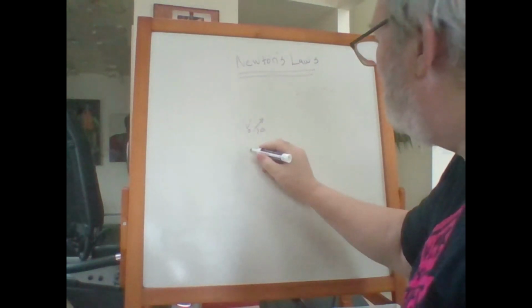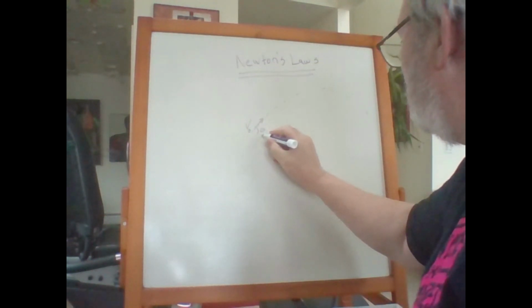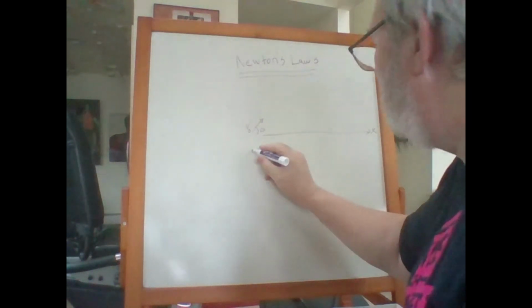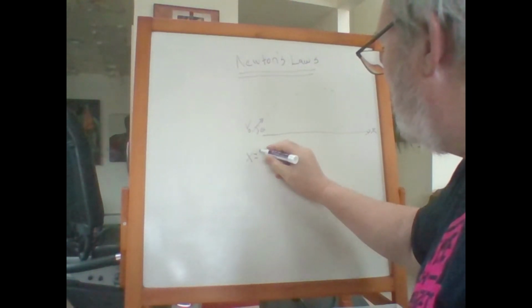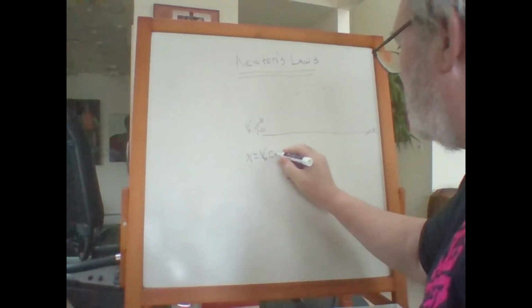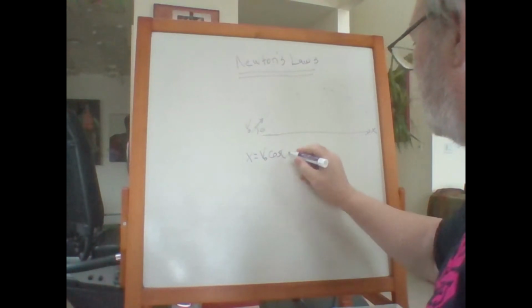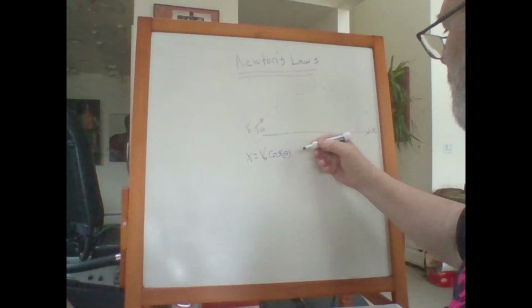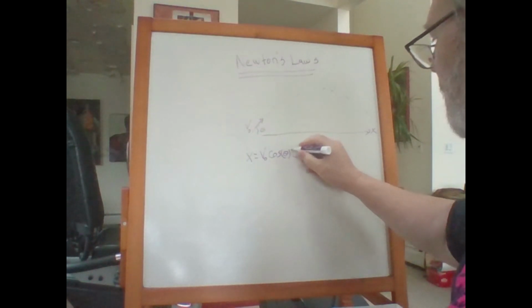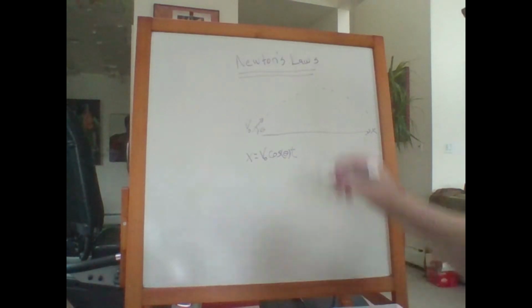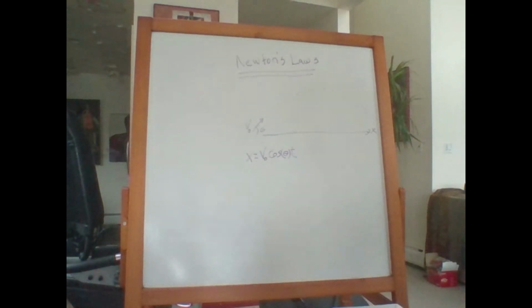And the distance, x, is given by the initial velocity times the cosine of the angle times the time in which the object traversed the distance.